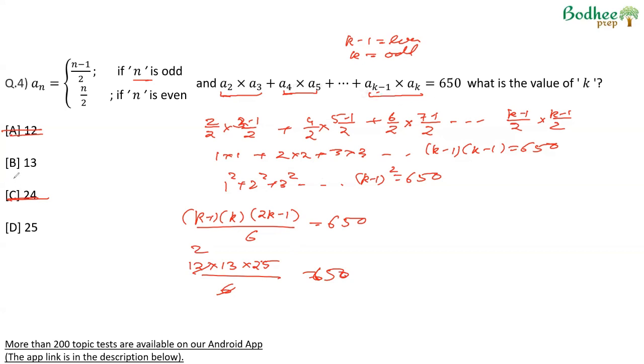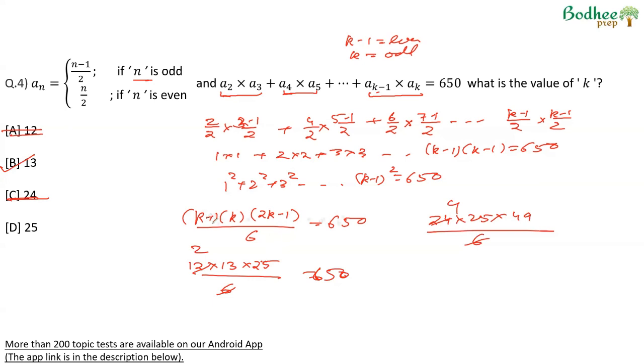Putting the value, we're getting the answer, Option B. If you put k as 25, 24 into 25 into (50 minus 1), 49, upon 6, clearly this will be a very large number, which is 4900. So we will not go there, and therefore k is 13.